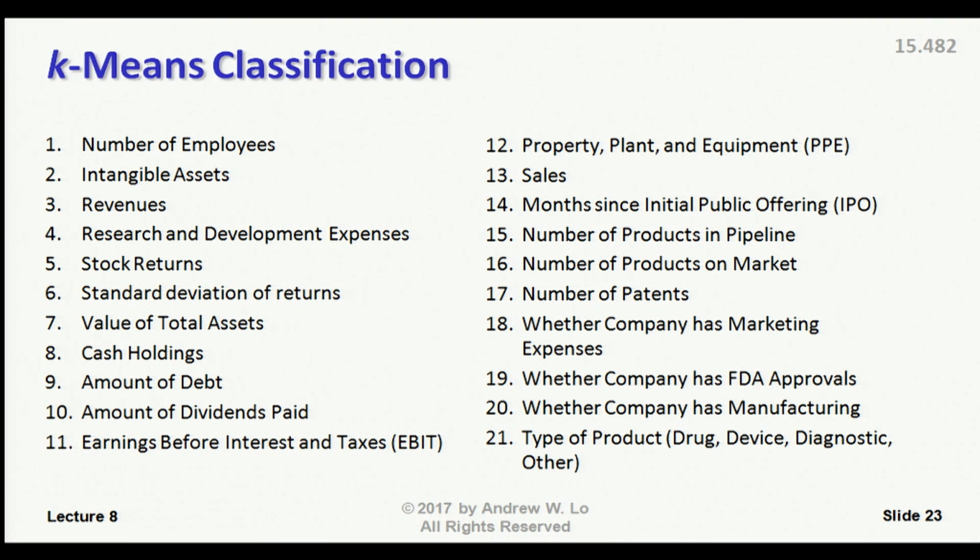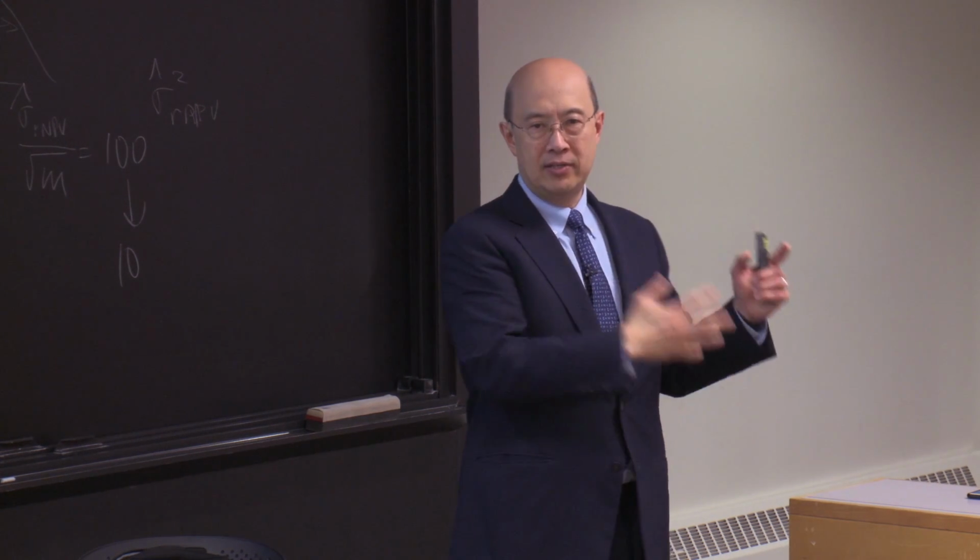Because our hope and view is that a pharma company is going to have very different values for these things than a biotech company. If it doesn't, then we lose. Then this method is no good. The hope is that these 21 different characteristics will capture the distinction between a biotech and a pharma company.